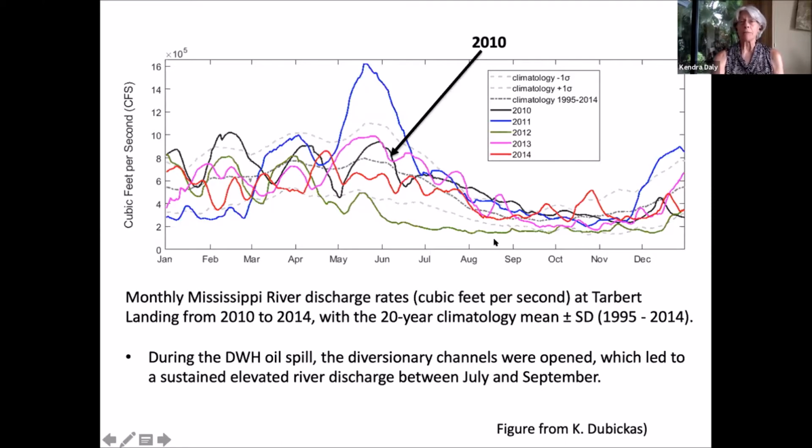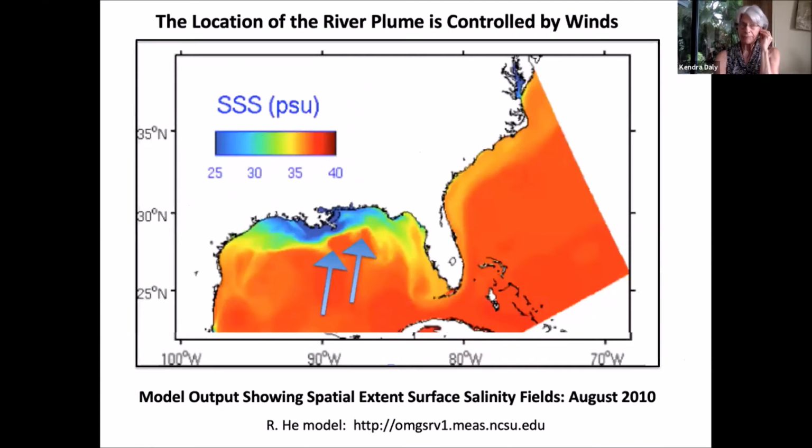2012 was a lower than normal year, and 2013 was another high river flow year. So there's a lot of variability, but 2010 was a very long, sustained river discharge. And once that water comes out of the Mississippi River, and here's the mouth of the Mississippi River, frequently winds push that plume to the west where there's the famous dead zone.